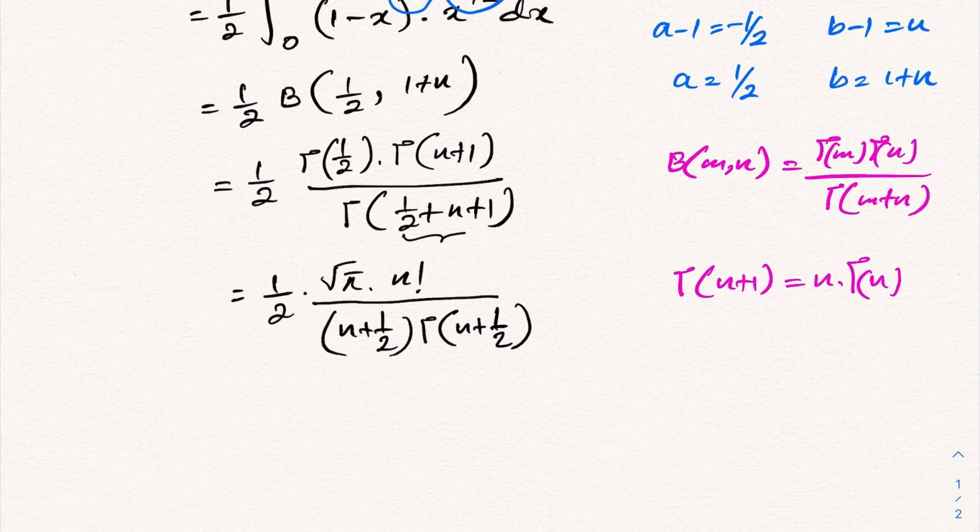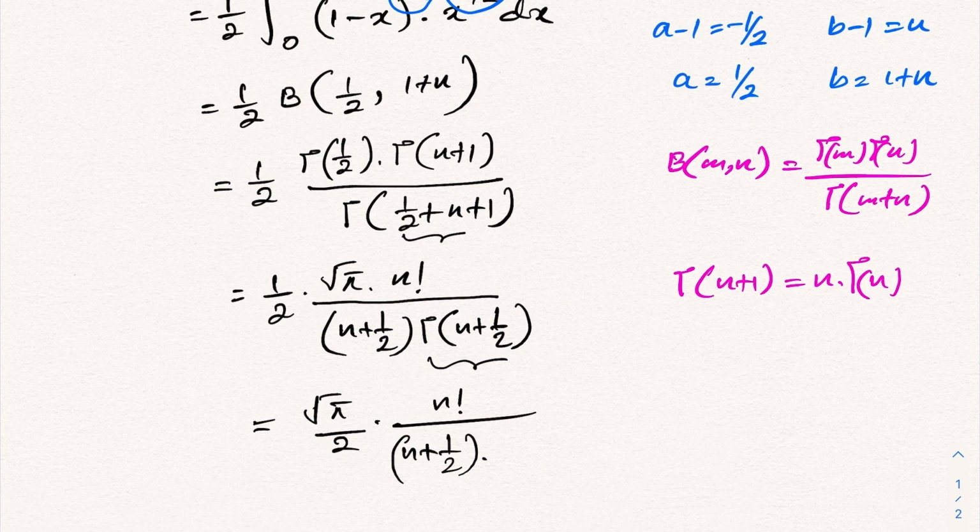Okay, then now we have the square root of pi over 2 times n factorial over (n + 1/2), and now we have Gamma(n + 1/2). In a previous video we proved this identity: Gamma(n + 1/2) is equal to the square root of pi over 2^n times (2n - 1)!!.